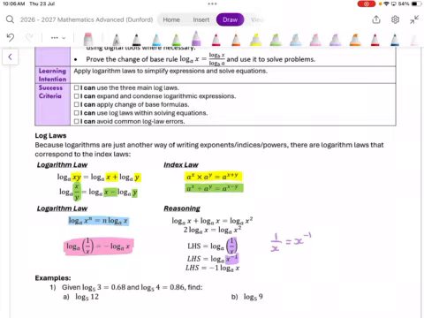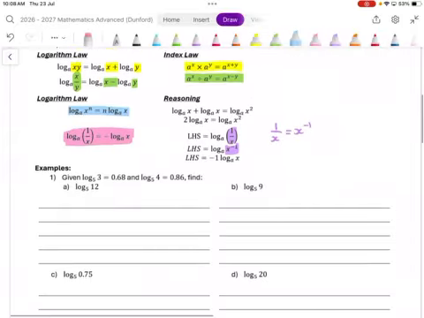And then we use that law from up above, that blue law there, to bring our power out the front. So whenever we have something to a power, the power comes out the front. Now, these four log laws are something that you need to remember and know how to use.